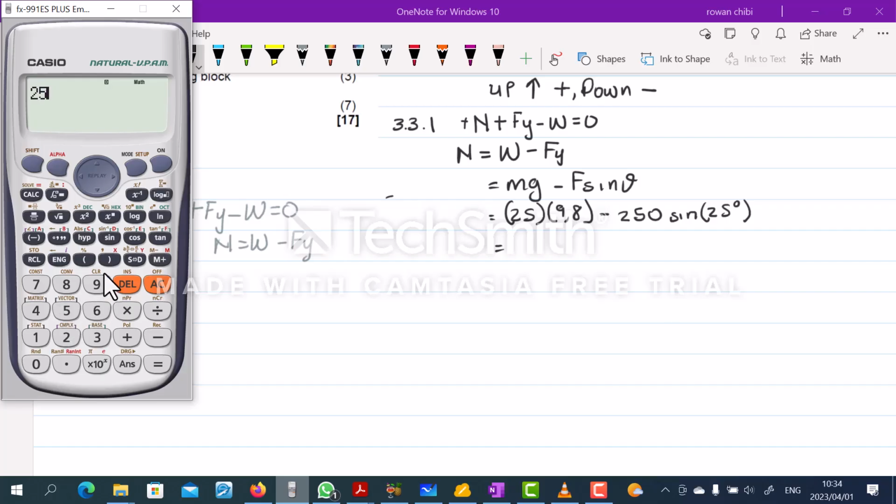So we have 25 multiplied by, okay, let's do it like this. Let's put a bracket, 25 multiplied by 9.8, close the bracket, then subtract, open the bracket, 250 sine 25, close the bracket.